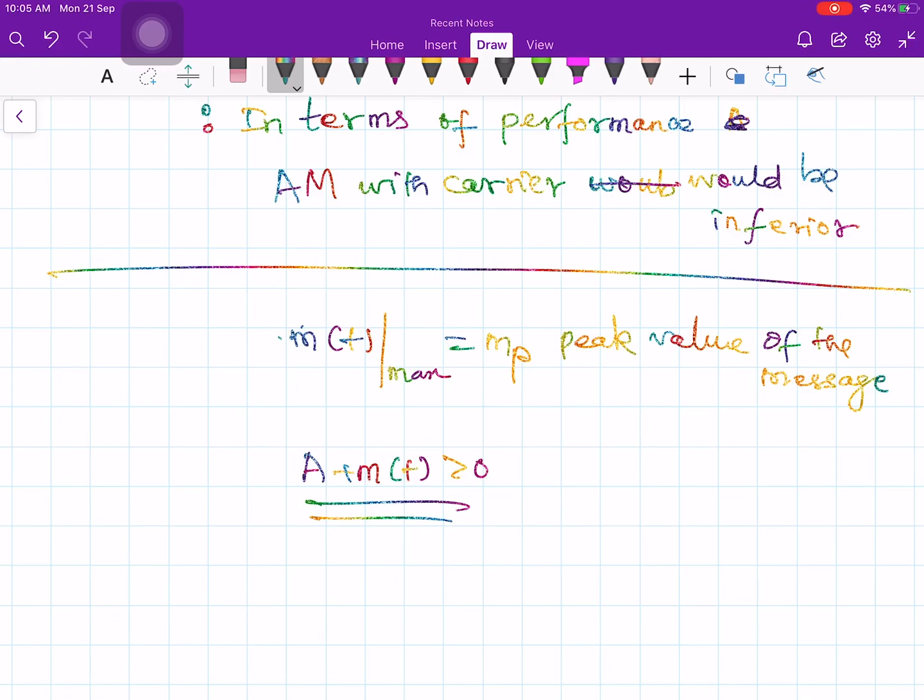Basically A is greater than or equal to m_p, because if you have a negative peak, A plus m(t) should still be positive.